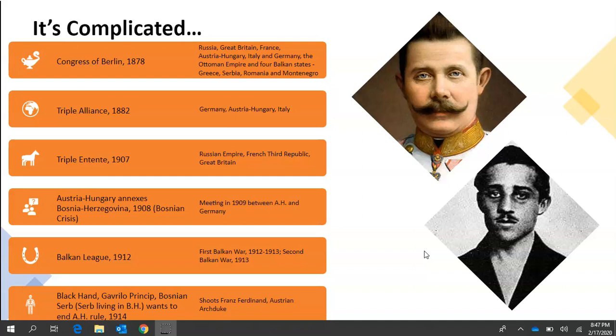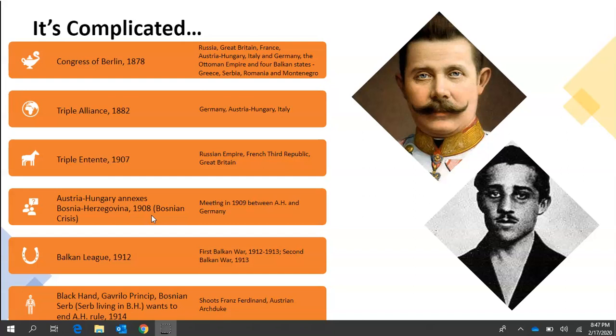Gavrilo Princip was a member of the Black Hand. The Black Hand, of course, formed because they were mad that the Serbian government allowed Austria-Hungary to take Bosnia-Herzegovina. Bosnia-Herzegovina technically used to be owned, essentially, by the Ottoman Empire. Now, the taking of Bosnia-Herzegovina by Austria-Hungary is known as the Bosnian Crisis, taken over in 1908.